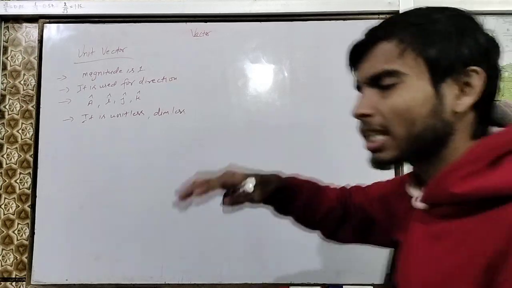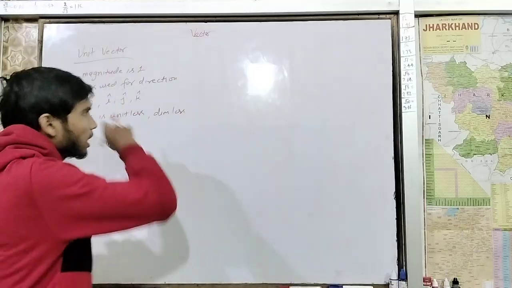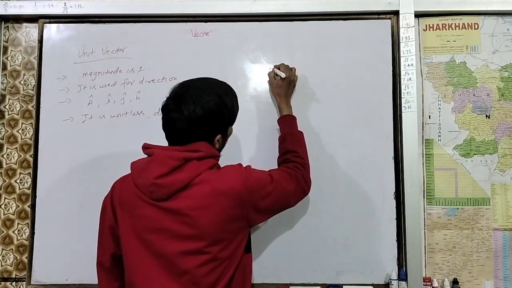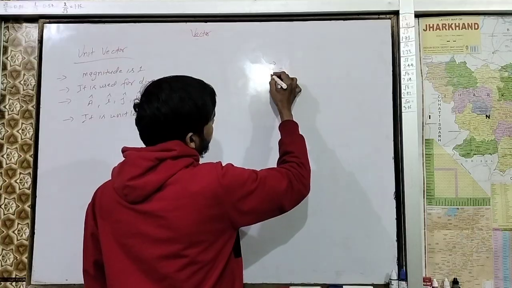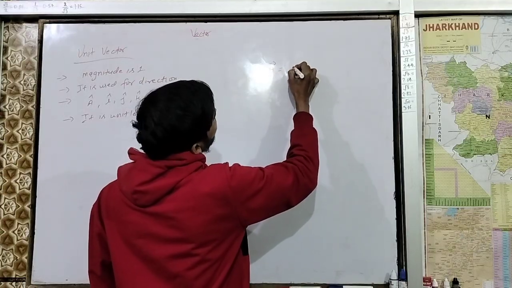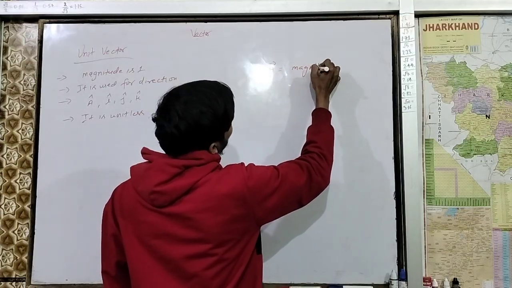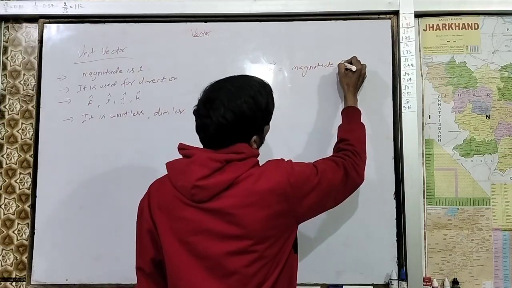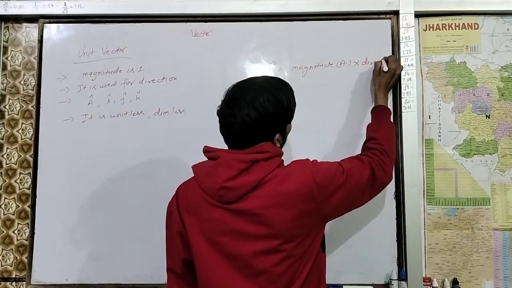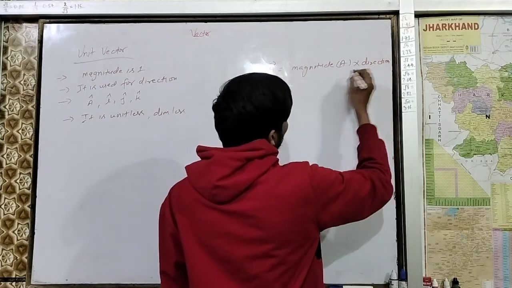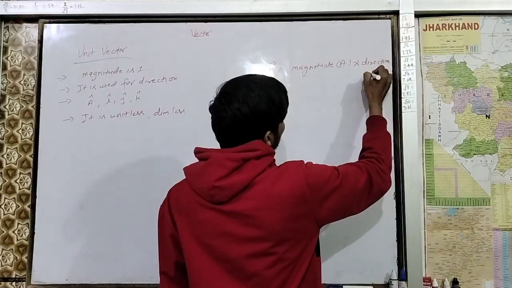Now tell me, in the starting of this lecture, I was telling you that this vector A can be written as a multiplication of magnitude, which means A, multiplied by direction. Direction is nothing but this A cap.